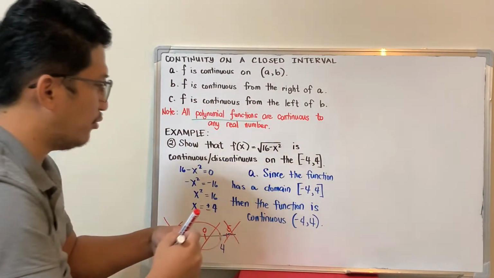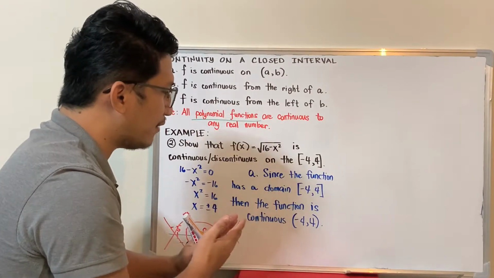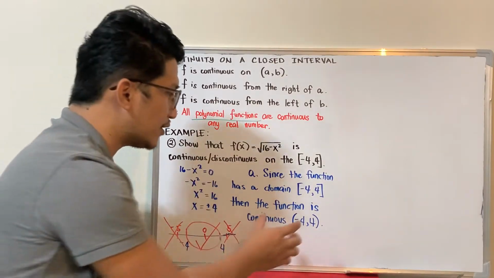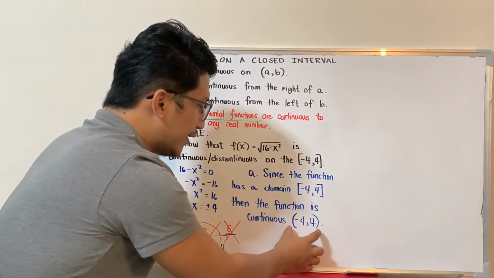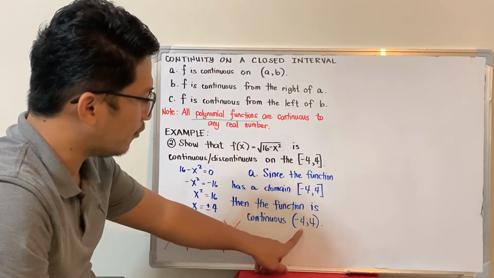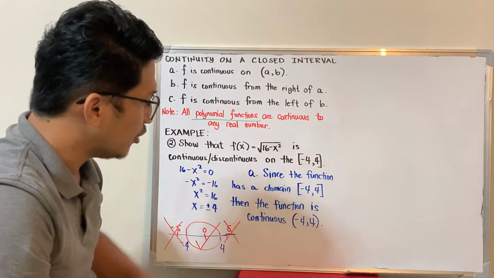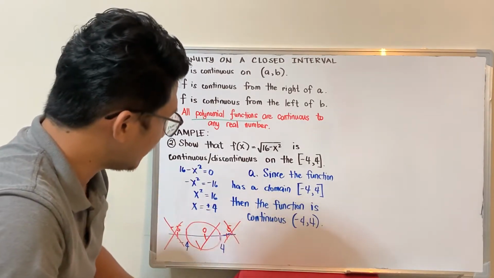Okay, so logically kung ang domain, meaning ang pwede nga x values, naa sa nga interval, then ang in between pwede kayo. Okay, so negative 4 and 4 open interval. So if pwede siya sa closed interval, how much more sa open interval? Okay, so this is the logic.